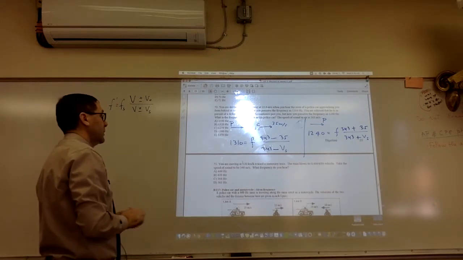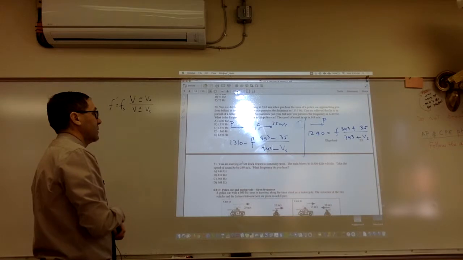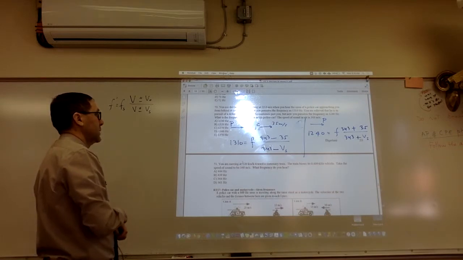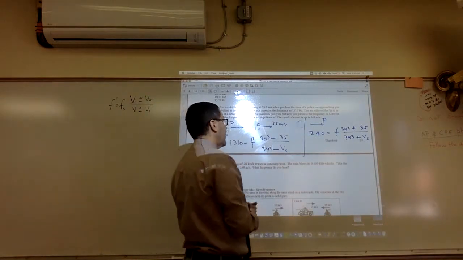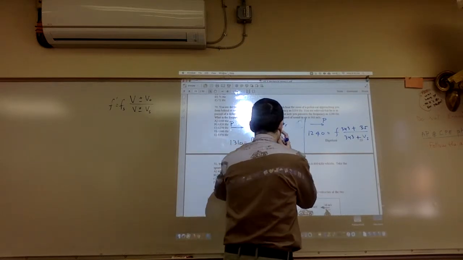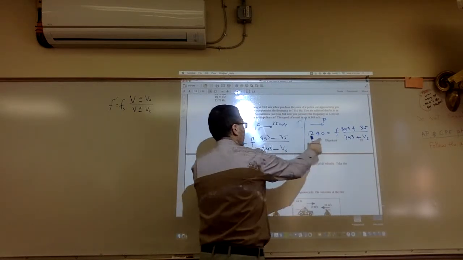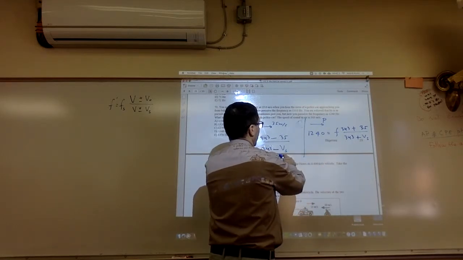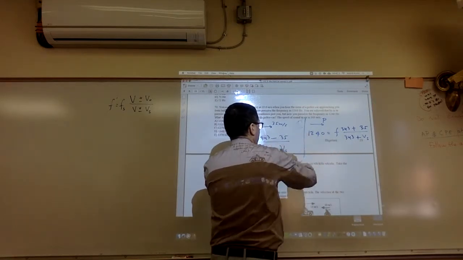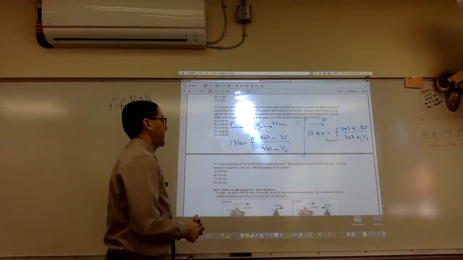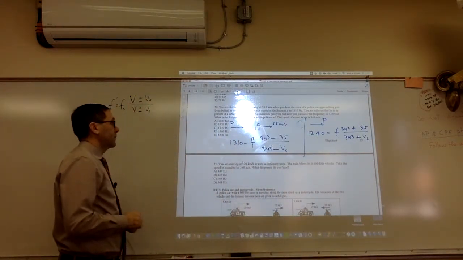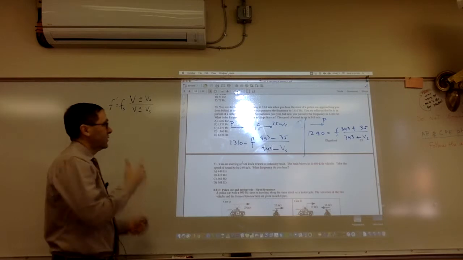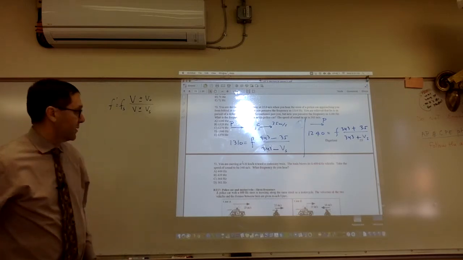Or you can actually isolate the frequency in each one of these equations, set these equations equal, find Vs, and then come back to either one of these equations and find the frequency. So the answer should be C.